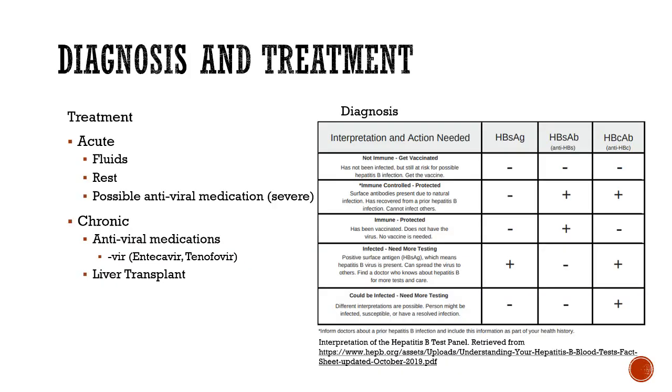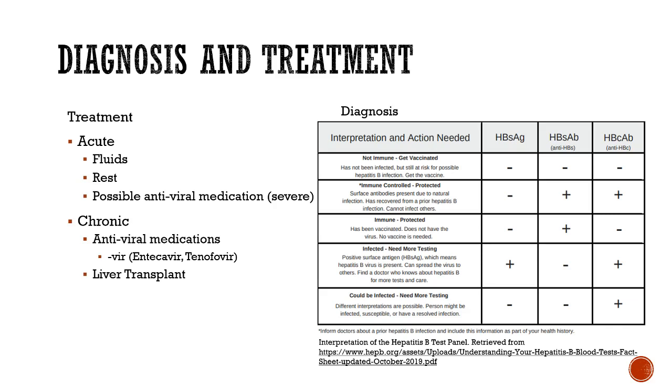A way to diagnose is through the hepatitis B panel, which is seen here, and it's provided by the Hepatitis B Foundation. The hepatitis B panel gives information about the results of the hepatitis B blood test. Three markers are identified: the hepatitis B surface antigen, the hepatitis B surface antibody, and the hepatitis B core antibody.